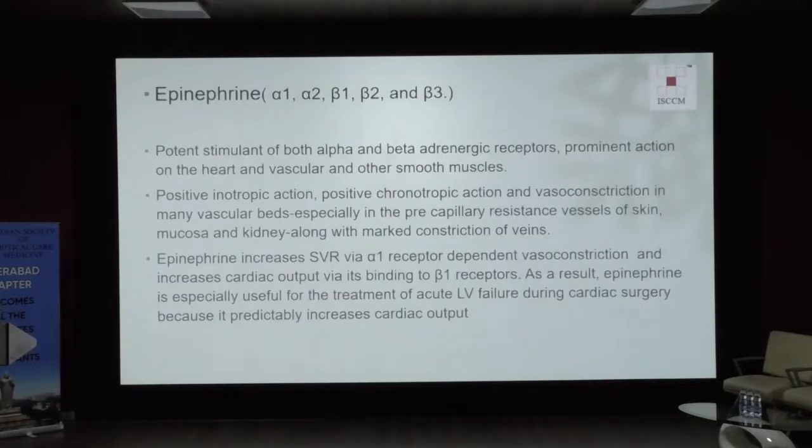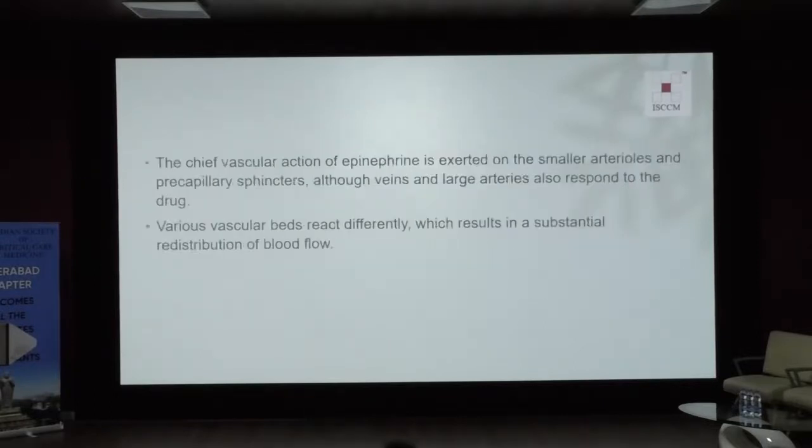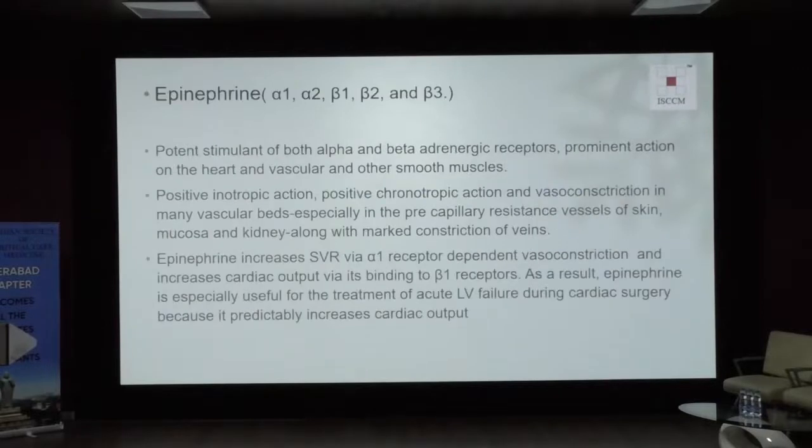Coming to the first drug, epinephrine acts on alpha 1, alpha 2, beta 1, beta 2 and beta 3. Another name is adrenaline; I used to remember it as adrenaline for all. We know these types: alpha 1 in blood vessels, alpha 2 presynaptic, beta 1 in the heart, beta 2 in the lungs, beta 3 in adipose tissue. Epinephrine stimulates both alpha and beta adrenergic receptors, with prominent action on the heart, vascular and smooth muscles.